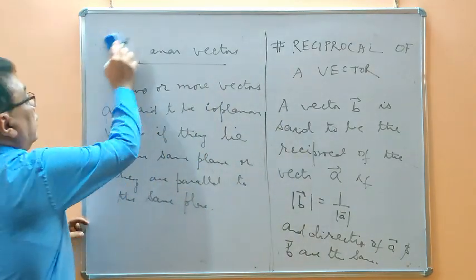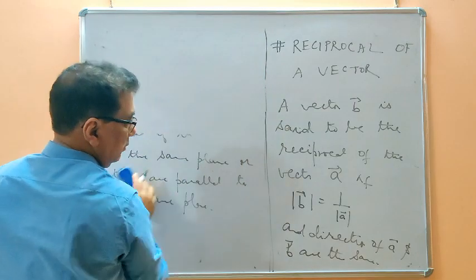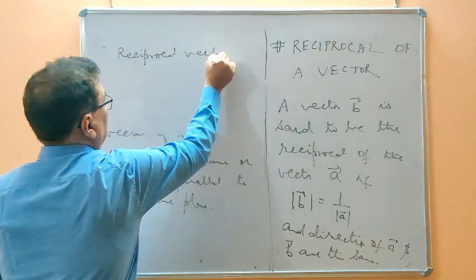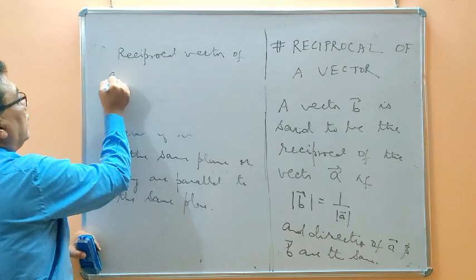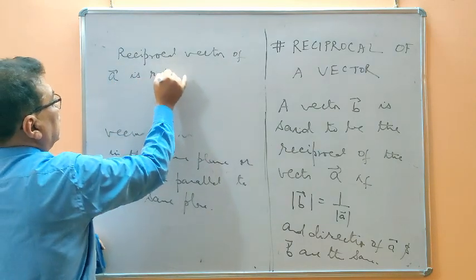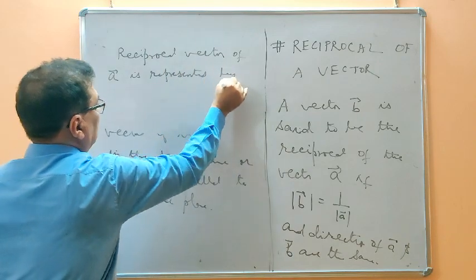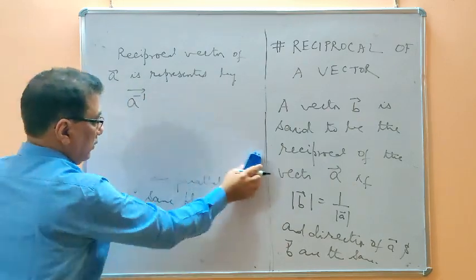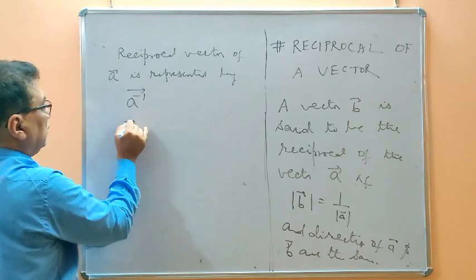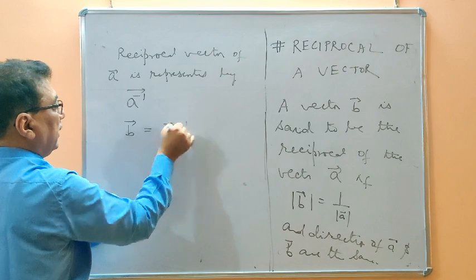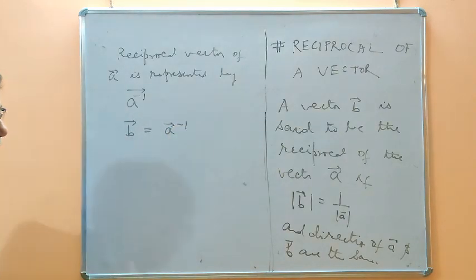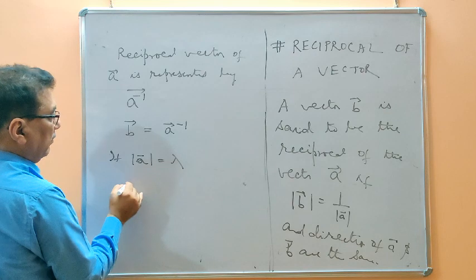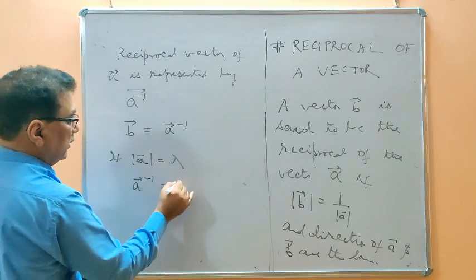Okay. Now reciprocal vector of A is represented by A inverse, so B is equal to A inverse, and as you have seen, if magnitude of A is suppose lambda, then magnitude of A inverse is 1 by lambda.